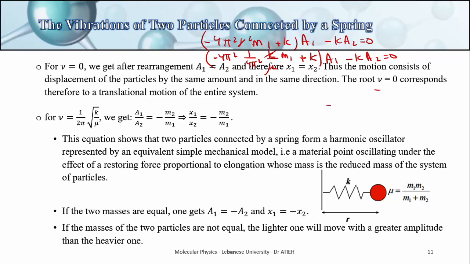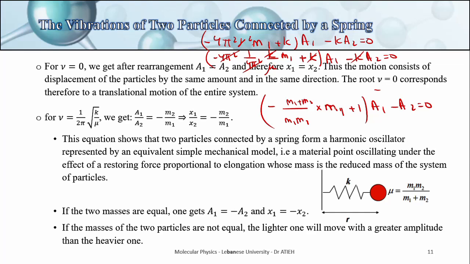For sure k, we can get rid of it. It's everywhere. And minus 4 pi squared, we are left with mu equal to m1 m2 over m1 plus m2. I've substituted for mu, m1 plus 1, a1 minus a2 is equal to 0.